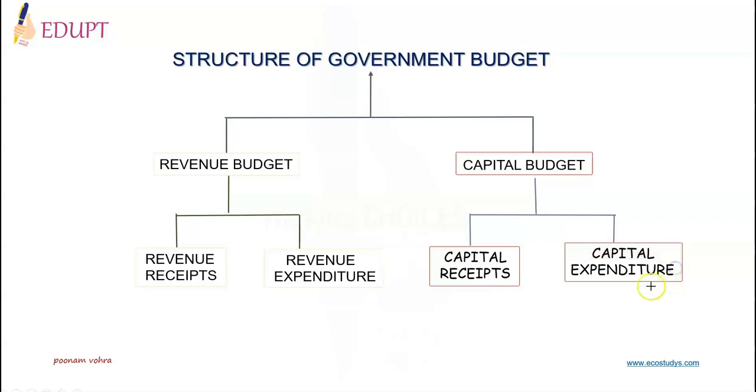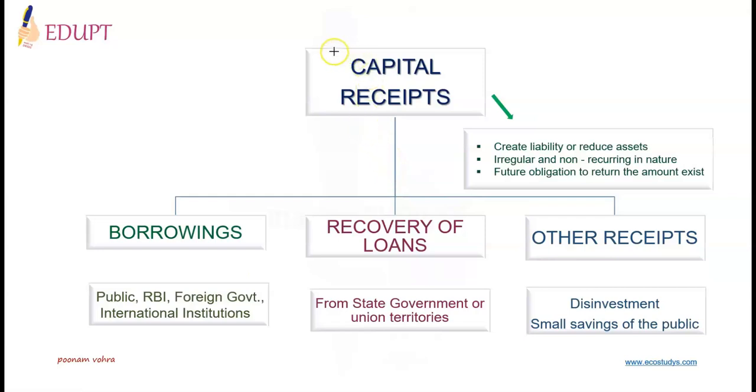Conversely, capital expenditure on a government's part helps to create assets and reduce liabilities. Thus, capital budget is an account of these liabilities and assets under the government, which denote a change in total capital. Let's understand capital receipts.